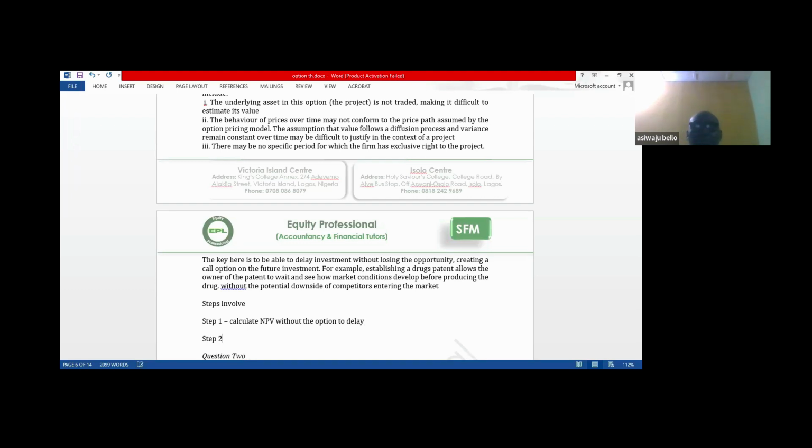Step 2: Calculate the value of call option.